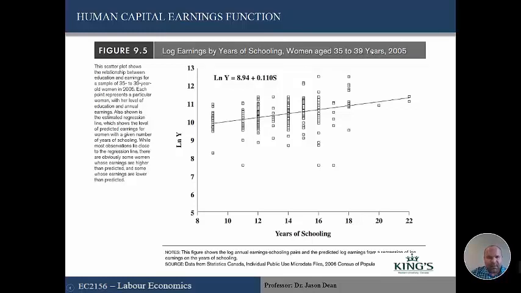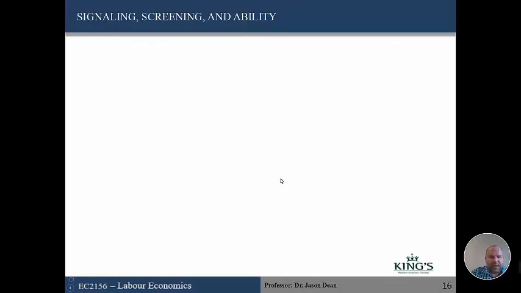Here we have just years of schooling. So if we run a regression of ln y on years of schooling, we get this. Okay, so we see a positive relationship. We would also want to include in here years of experience and other variables that could affect wage.